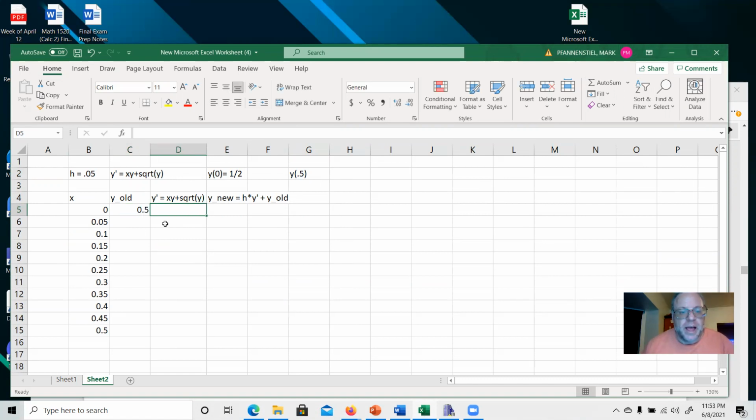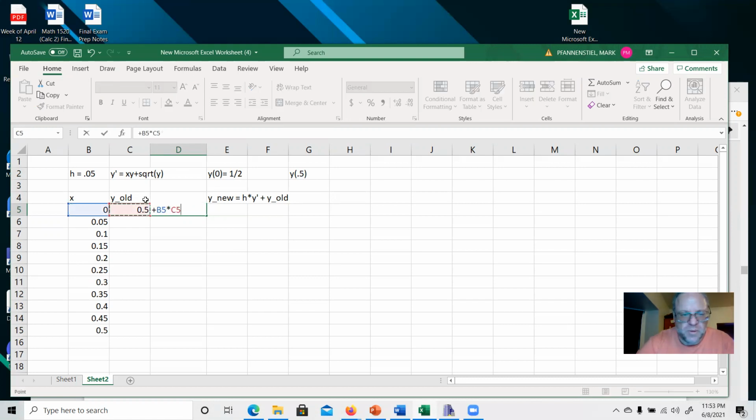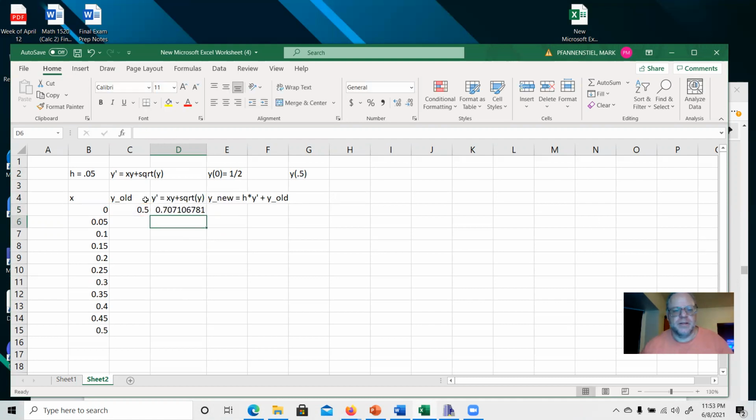Then our y tick is equal to x plus the square root of our y, because we're going to get 0 plus a half, and the square root of a half is like 0.707. That's fine.